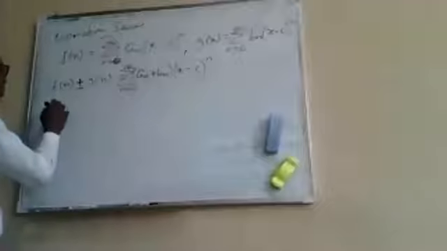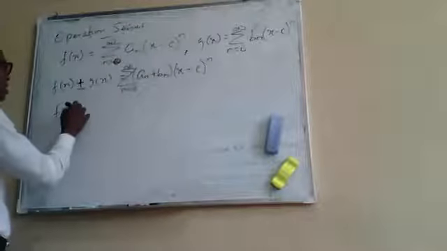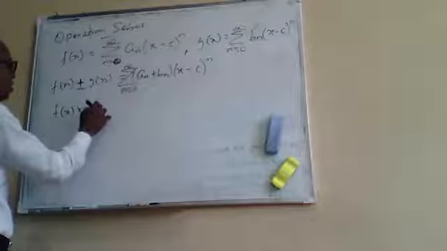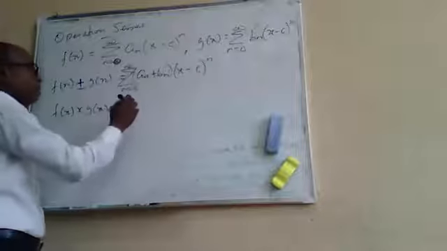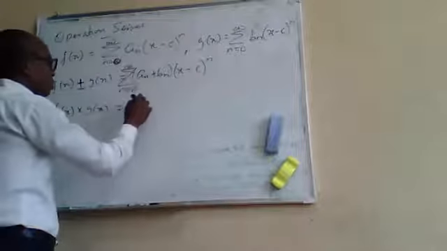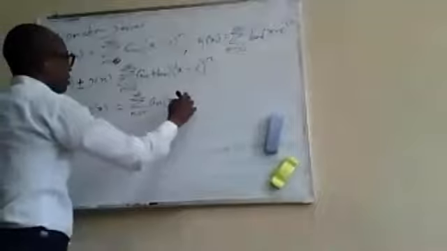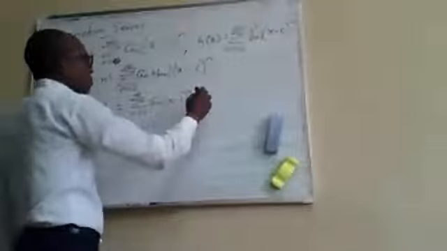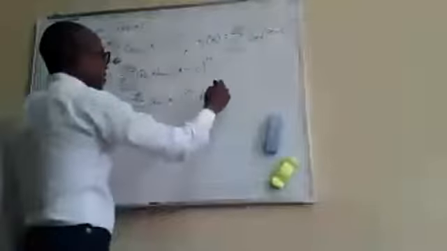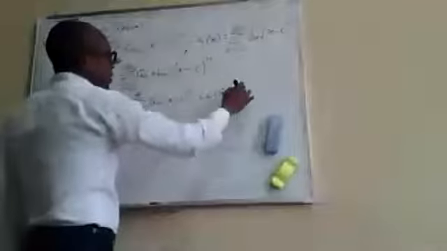And again, when the series are multiplied, that is f of x times g of x, we are saying the summation from n equal to 0 to infinity of an (x minus c) raised to power n multiplied by bn (x minus c) raised to power n.